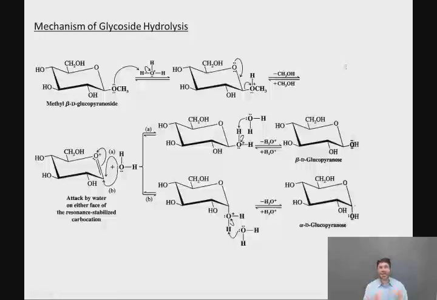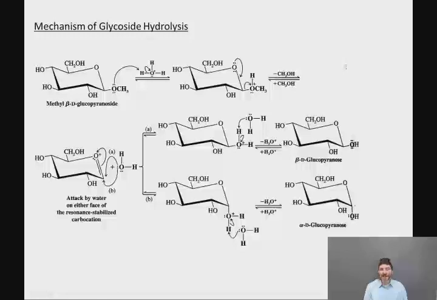But now, since we are doing the reaction in water as the solvent, there is a whole lot more water present than the molecule of methanol that you just kicked off. So water is going to come in, act as a nucleophile, and just like we saw in the previous slide with methanol, water can attack either the top face or the bottom face of this oxocarbocation.